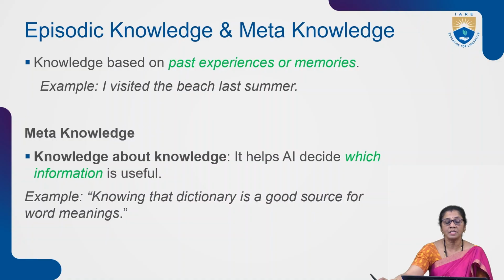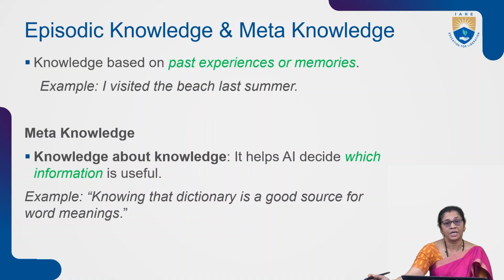The applications of episodic knowledge are Alexa and Siri. Alexa and Siri give you suggestions or recommendations based on your past choices or past history. So episodic knowledge is used in recommendation systems, adaptive learning, and browsing histories.